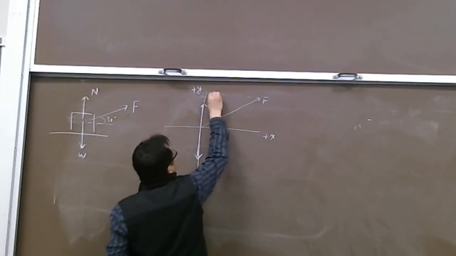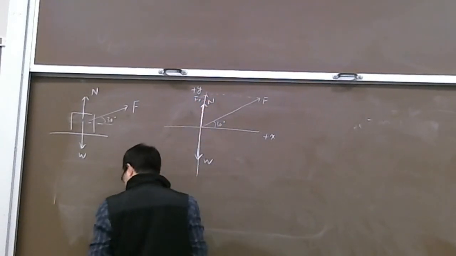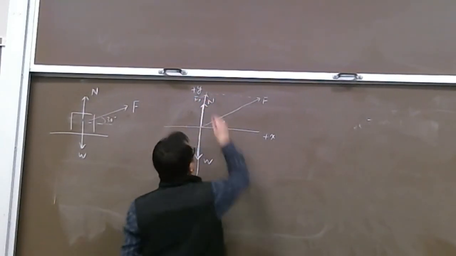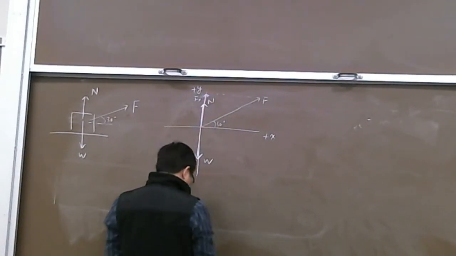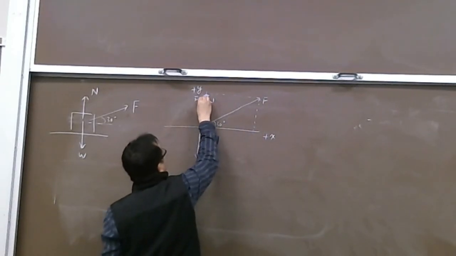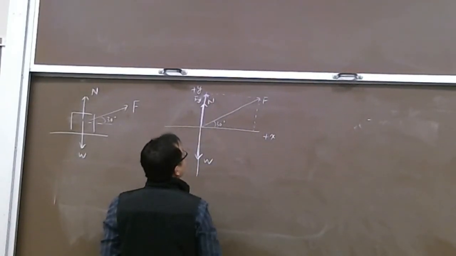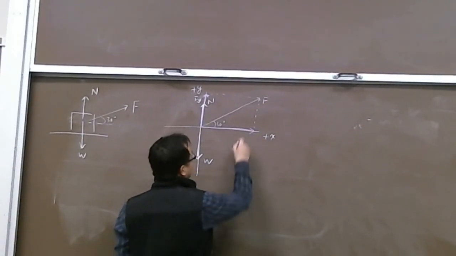Graphically, you want to get this component. This is called Fx. Project it, oh, this is Fy. To x direction, this is called Fx.